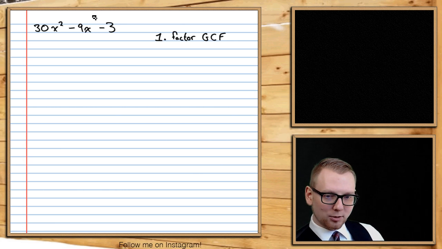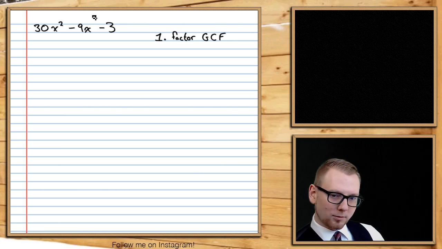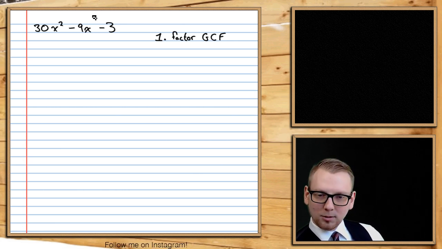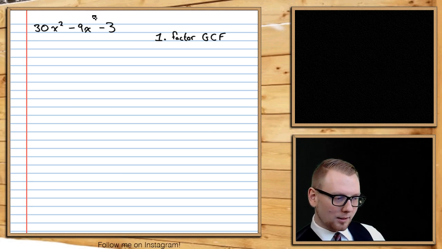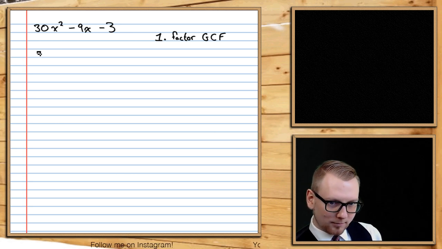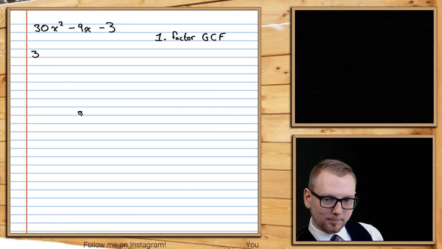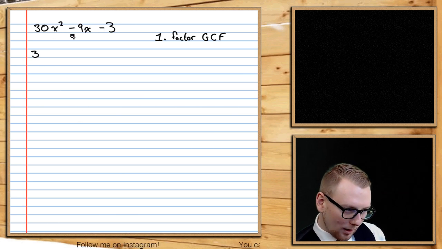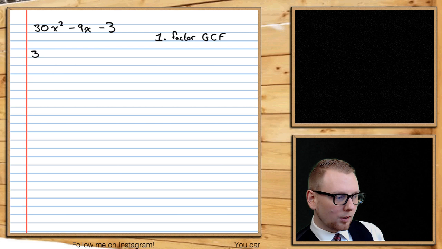We still need to factor out a 3, just like we've always done before. No, we're not quite there yet. We need to write it out. Start with the 3. If we take a 3 out of each term, what do we have left?